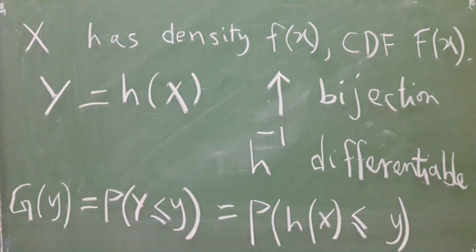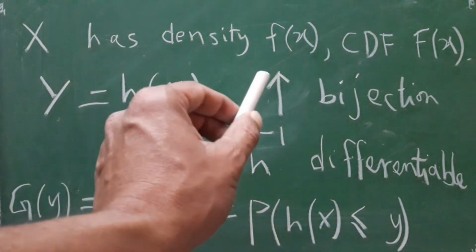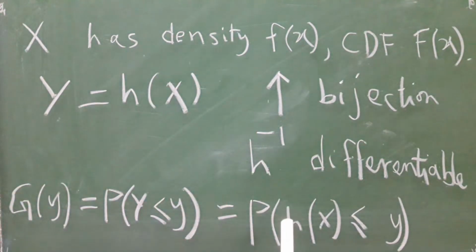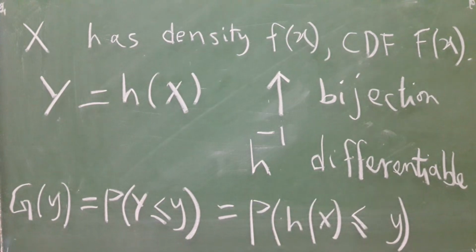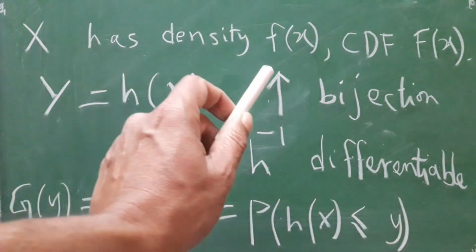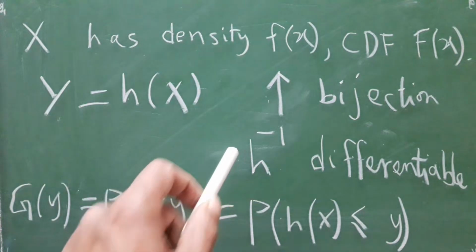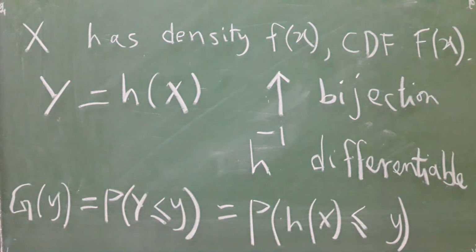Now we are going to use the fact that h is a bijection, so we are going to take this h on that side. So we are basically applying h inverse to both sides. And here you have to be careful. H is strictly increasing, which means h inverse is also strictly increasing. Don't think that h inverse is strictly decreasing.